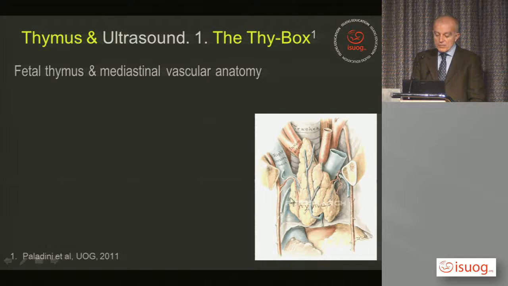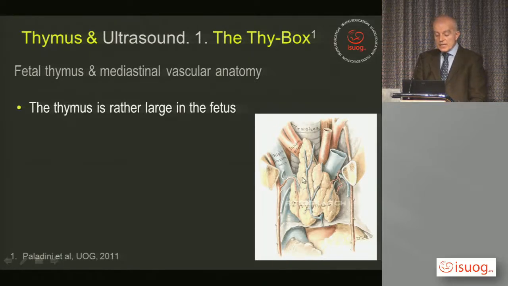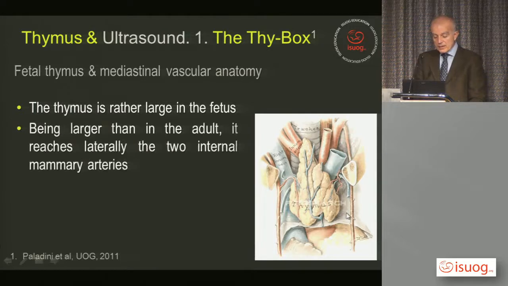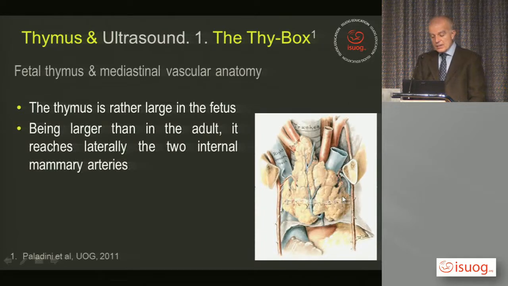The issue is that in comparison with the postpubertal age, where the thymus is rather shrunk in comparison with the fetus and the neonate, the thymus does not reach the two internal mammary arteries. However, in its full length and full development, it does reach the two internal mammary arteries on both sides.